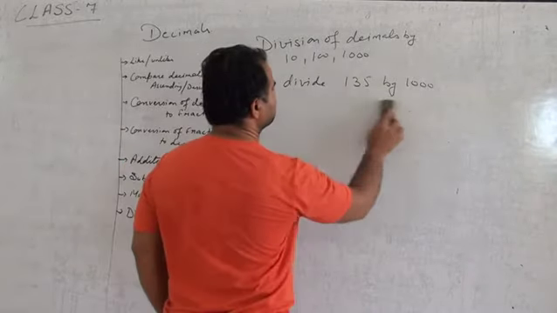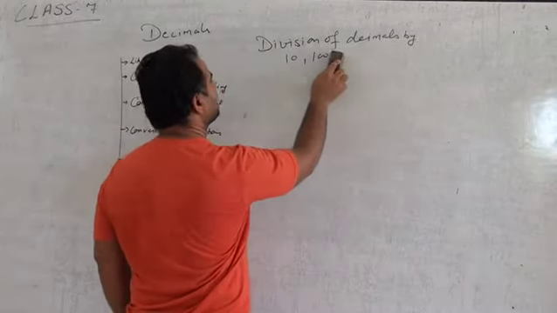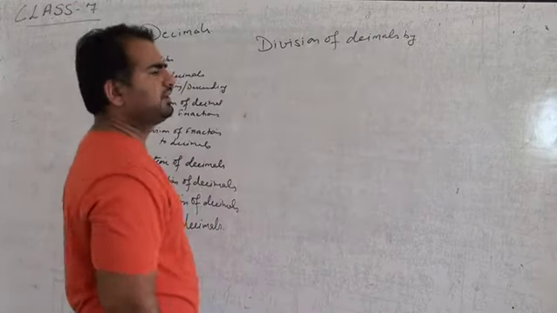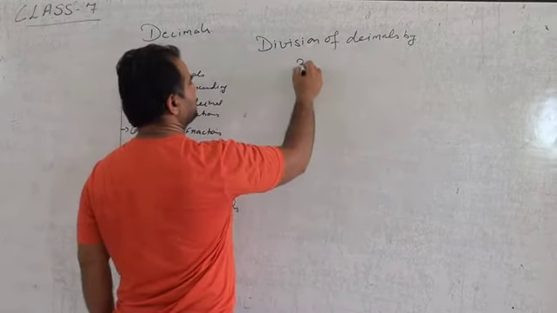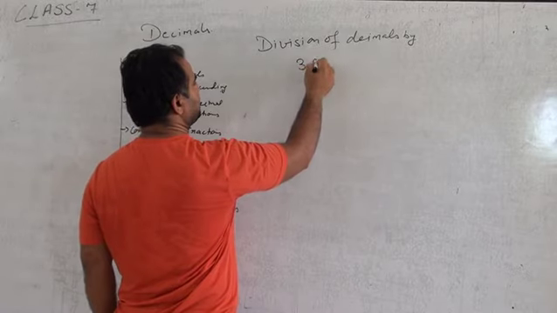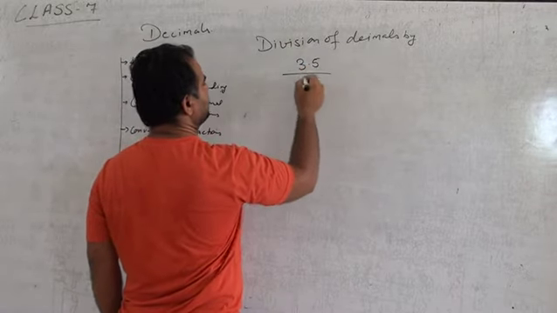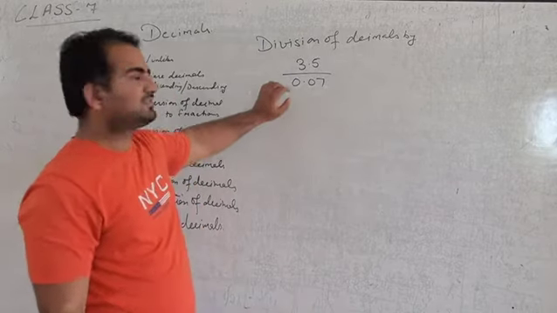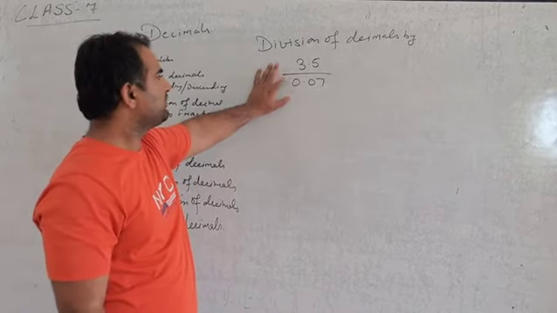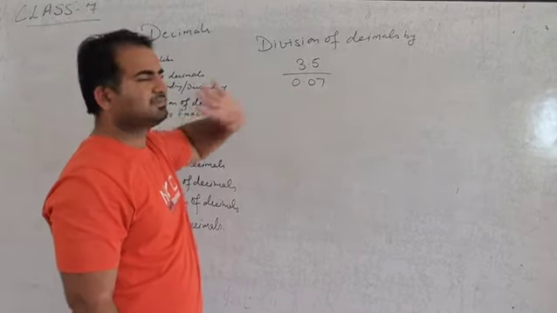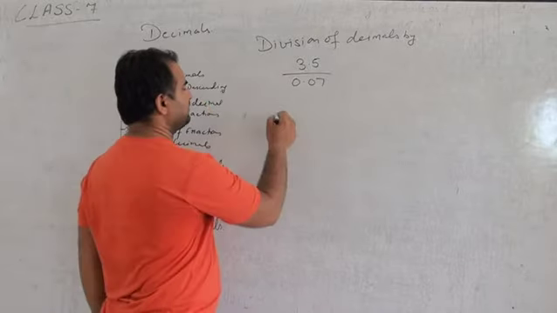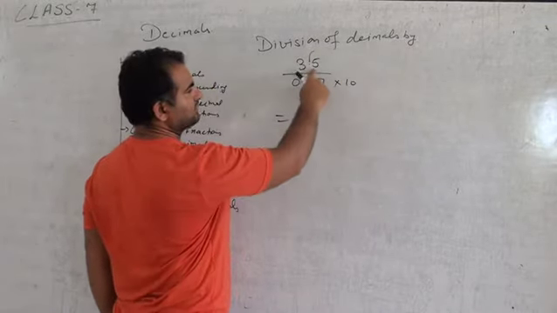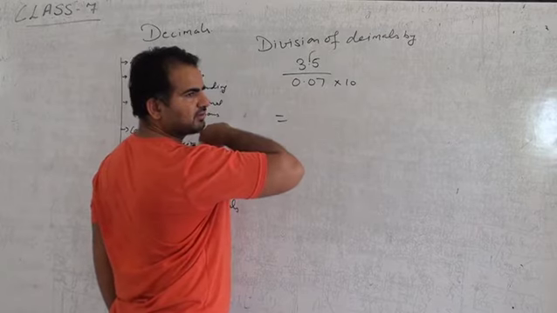What if the number is not 10, 100 or 1000? Like, what if we have to divide 3.5 by 0.07? Okay, it's a tough question. So what we can do is remove the decimals. When we remove the decimal, we have to place 10 there because there is only 1 digit.